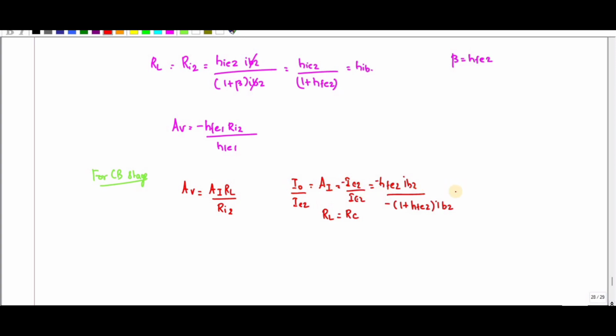So if I solve this one, I will get AI is equal to HFE2 divided by 1 plus HFE2. Okay. And RL value is RC, and RI2 value I know that this is HIB.